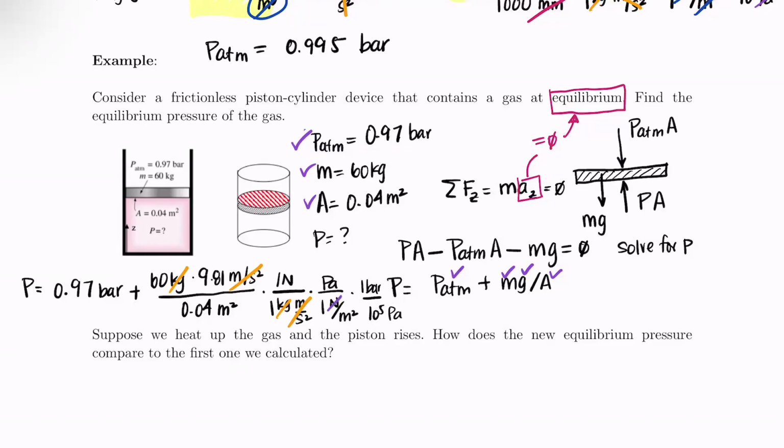Our Newton cancels out here. And then 1 over meter squared cancels with 1 over meter squared. And Pascal and Pascal cancel out, and all we have left is 0.97 bar plus whatever this works out to be in bar, right? And so we get 1.2 bar. Any questions on that one?